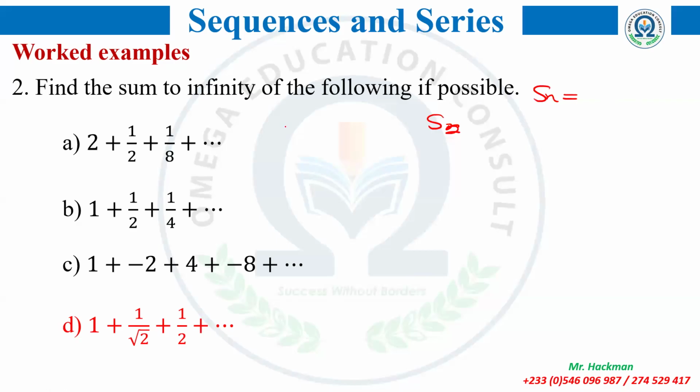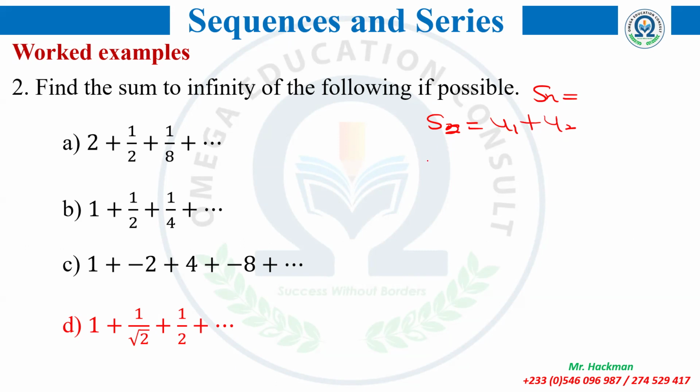So S sub 2 means the sum of the first two terms. If I'm looking at S sub 2, then that would be U sub 1, my first term, plus my second term, because the first two terms are the first term and the second term, so you sum.